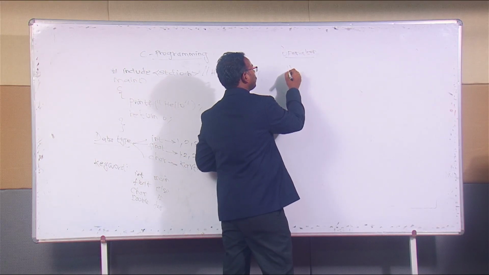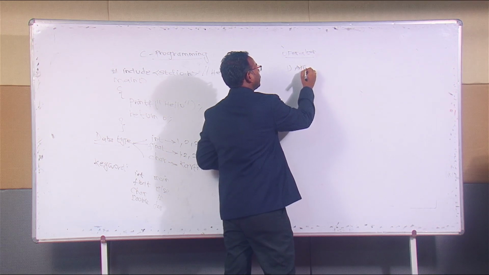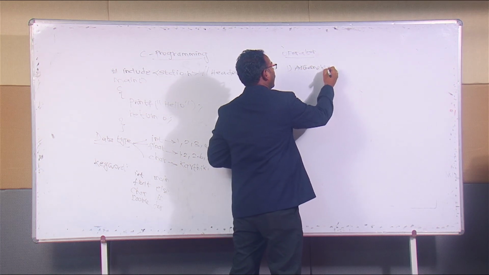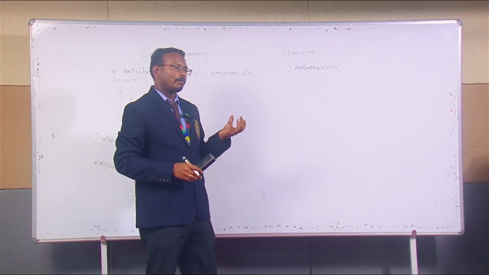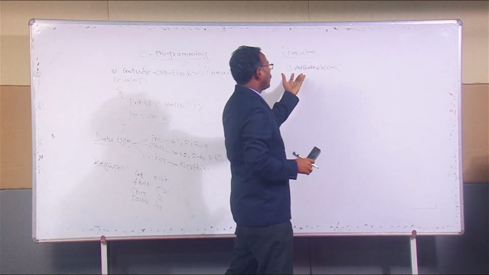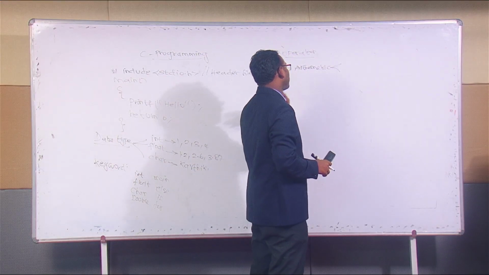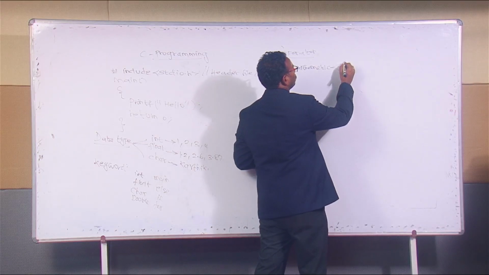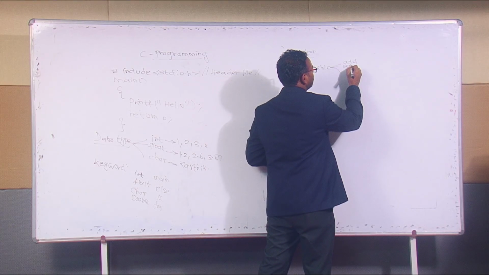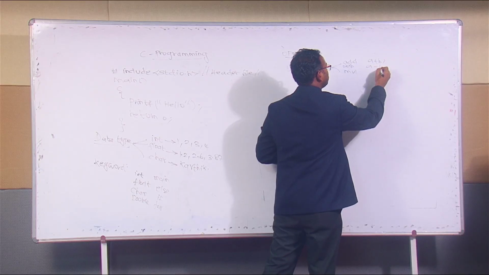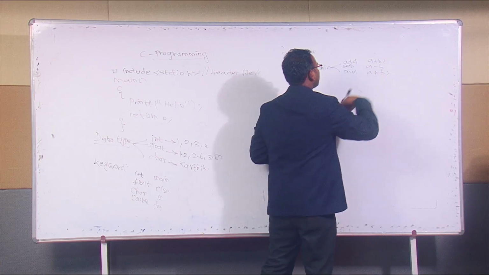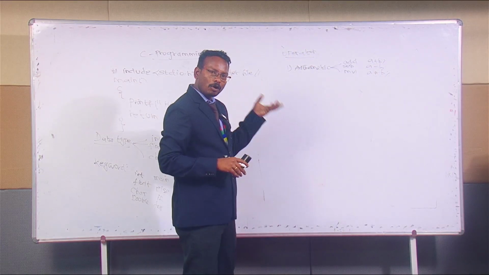We can see them one by one. First one is the arithmetic operator. Arithmetic operators are used for addition, subtraction and multiplication operations, for example a plus b, a minus b, a star b.